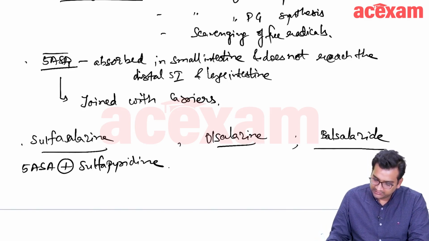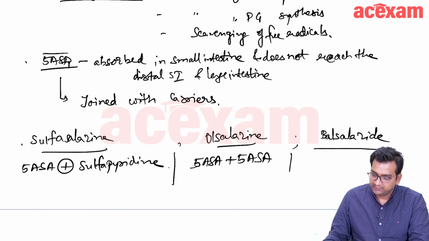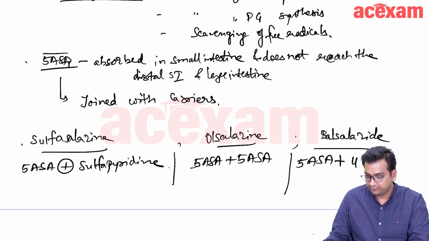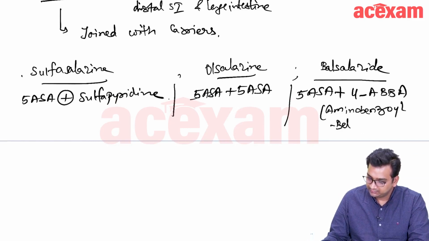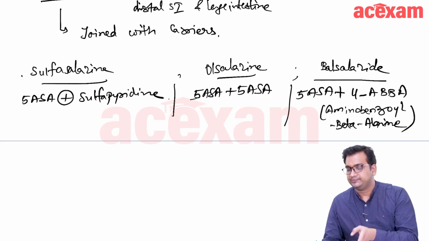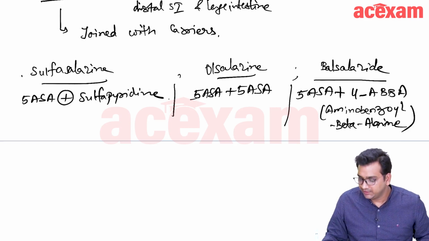Olsalazine is 5-ASA plus 5-ASA, and balsalazide is 5-ASA plus 4-ABBA. This ABBA is amino benzoyl beta alanine.